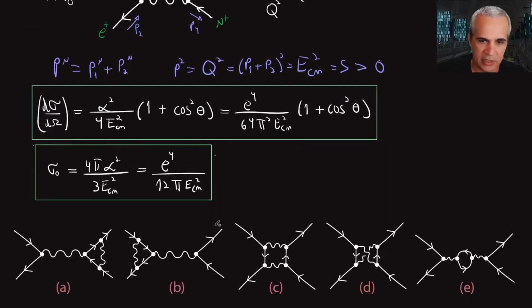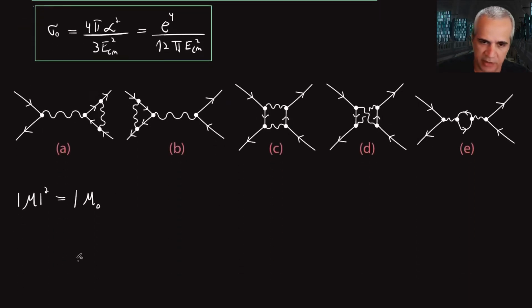So this guy is order alpha. And then these corrections, which I called M2, which is order alpha square. If I was consistent, I would call this guy M1, but whatever, okay?